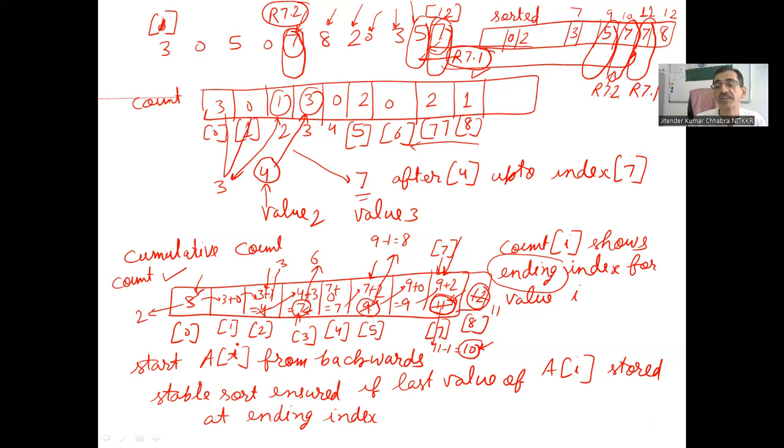Again, why I am stressing and giving the name of 7.1 and 7.2, their relative ordering is ensured of where key 7 is maintained. That we are able to maintain, and this is what exactly is called as the corresponding stable sort. This is what we mean by stable sort.